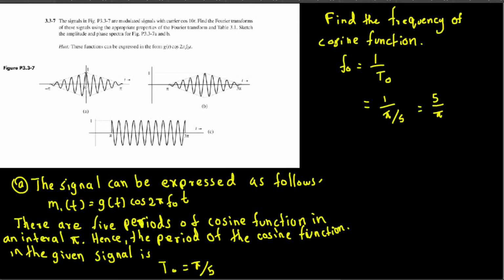Okay, let's express this, but the expression is the same for everything. g of t equals cos 2 pi f naught t. That's the expression we are going to have.